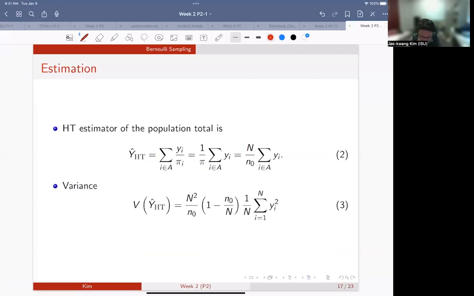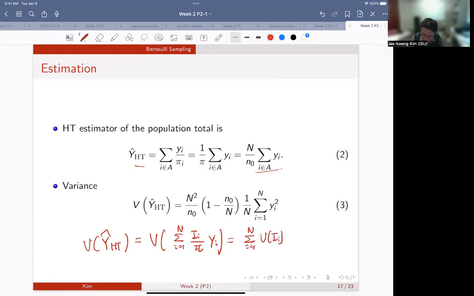And so the estimator itself is very simple. And if you look at the variance, you can actually write it as a variance of the indicator, and then pi yi squared, and this guy is pi times 1 minus pi, right?